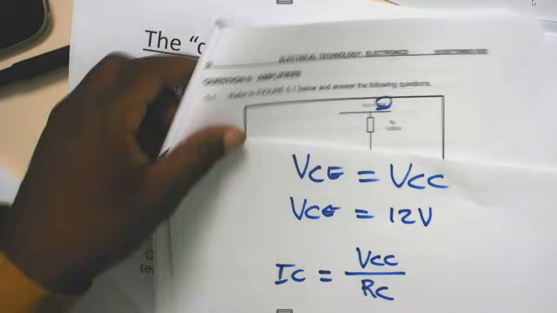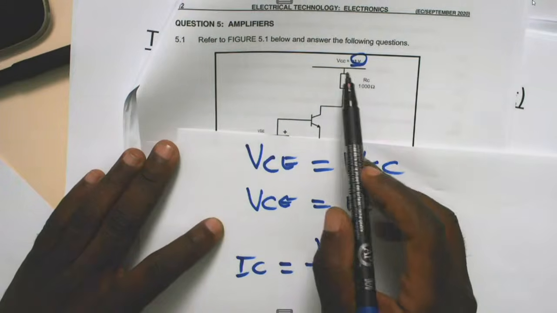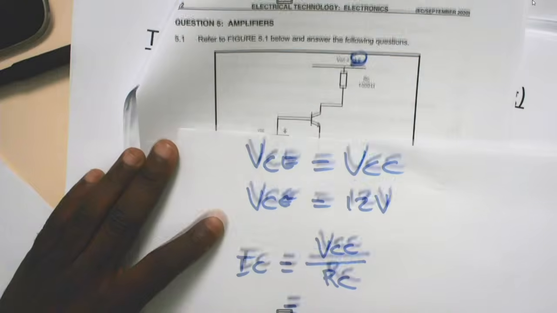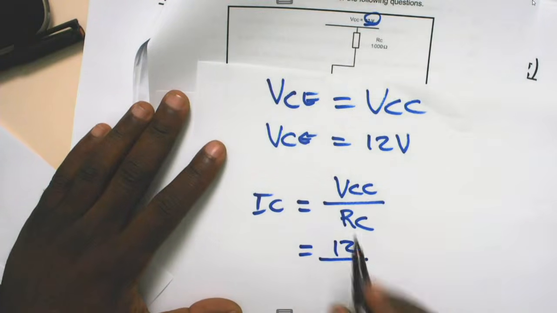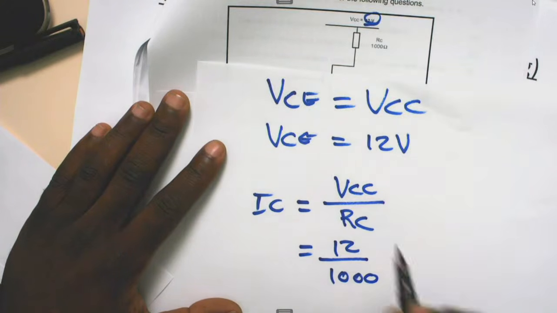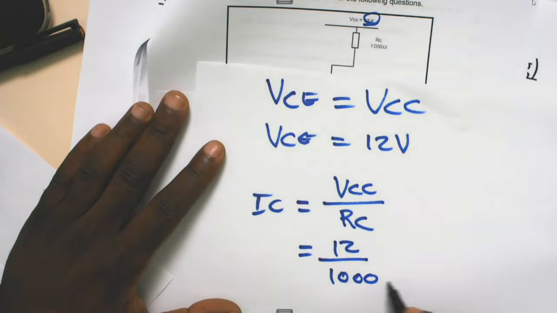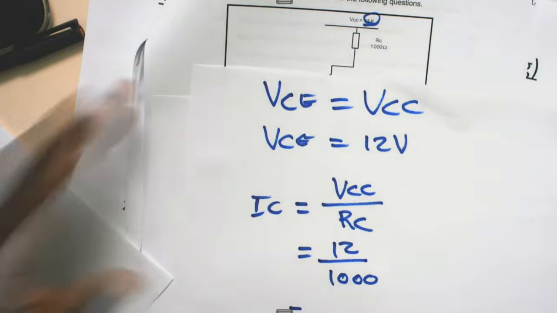So in here we've got VCC of 12 volts over 1000, which is our RC, the collector resistor.